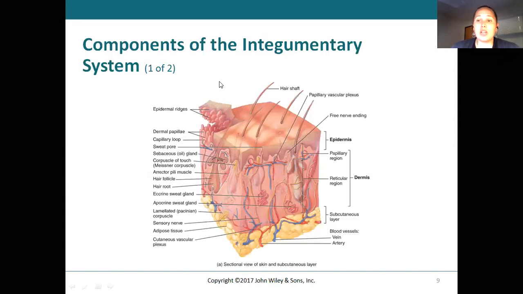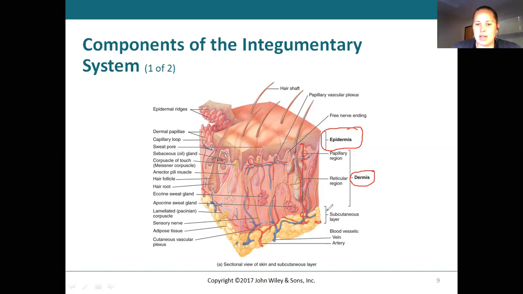So if we actually look at a cross section of what skin looks like, we'll just start here with the two components that we just talked about. The epidermis, that's again the most superficial layer that we visually see with our eyes, and then closer deep to that, you have the dermis, and you can see here it consists of the papillary region and the reticular region, and we'll talk about those two regions when we get to that section.